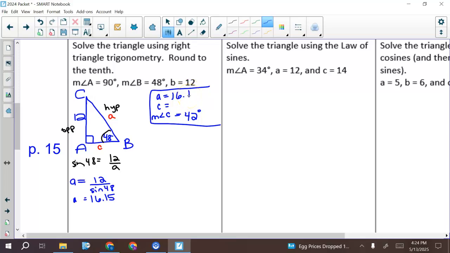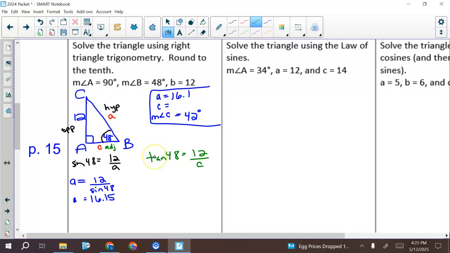Okay, here we go, side C. Now I'm going to use opposite and adjacent, which would be TOA, tangent. So tangent 48 equals opposite over adjacent.